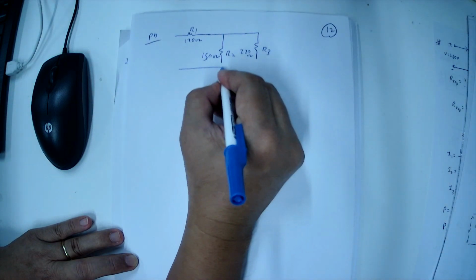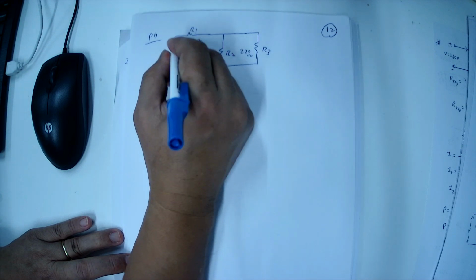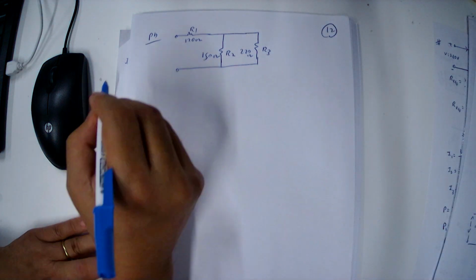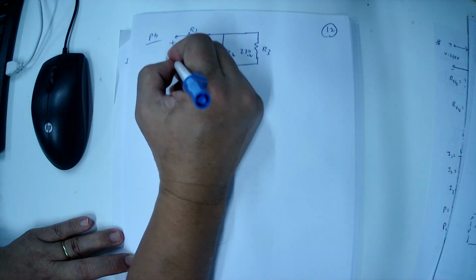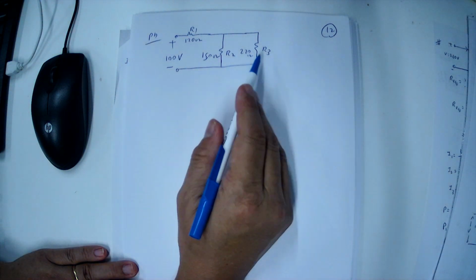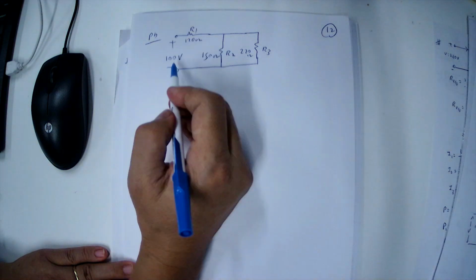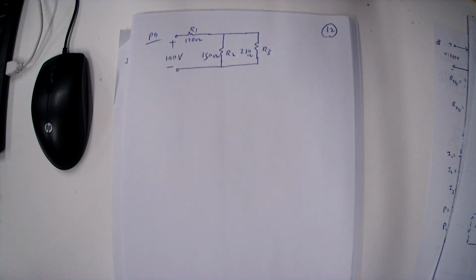Then this is the connection. We connect the resistors to the supply voltage 100 volt. R2 150 ohm and R3 220 ohm are connected in parallel, then connected in series with R1 120 ohm, and we connect to supply voltage 100 volt.